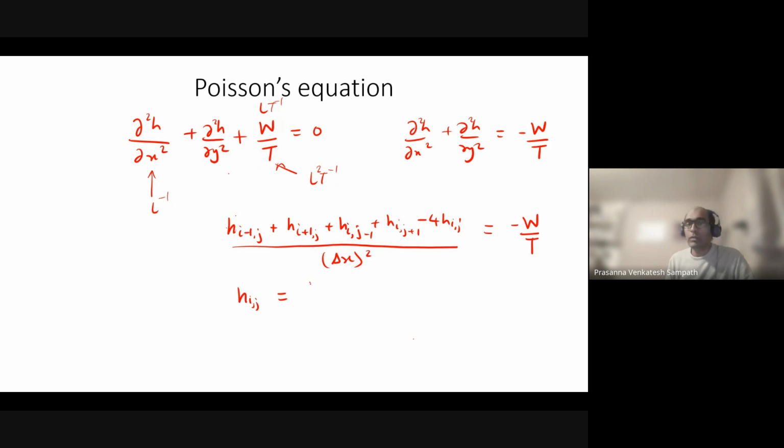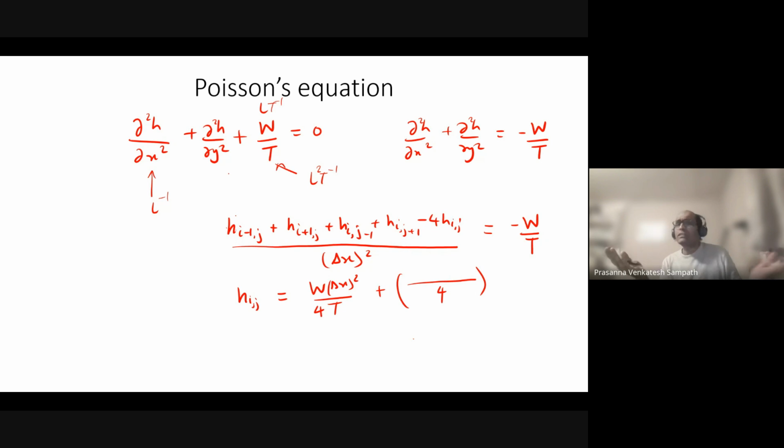Okay, it will be w delta x square by 4t, plus all of these h values divided by 4. I'm not writing the numerator: it's i minus 1, i plus 1, j minus 1, j plus 1, all of those terms in the numerator, divided by 4. This is what the equation will look like.